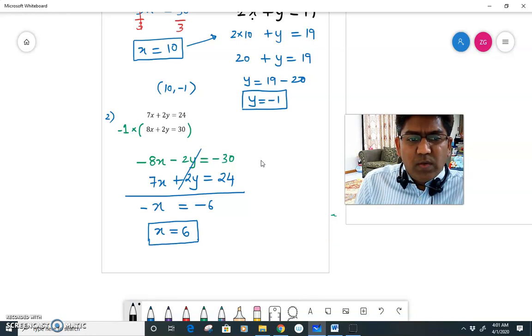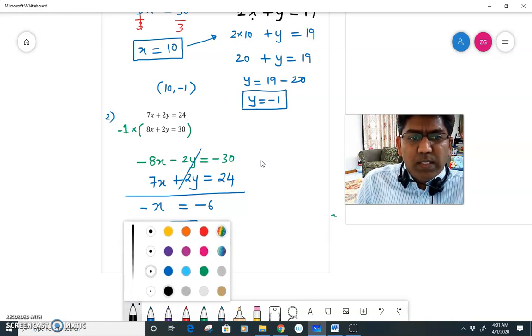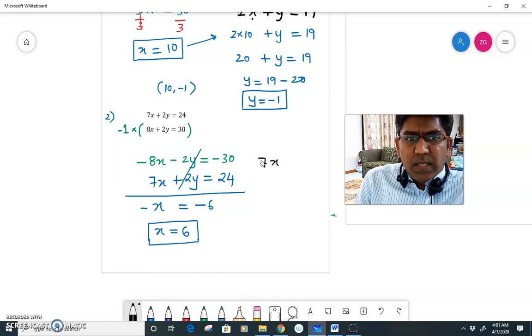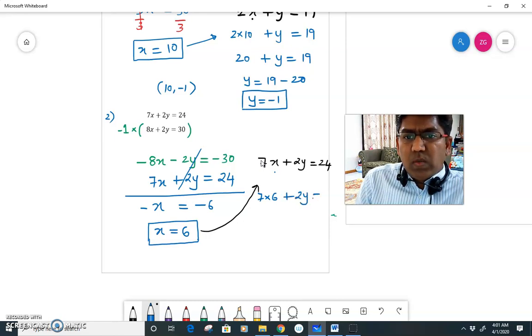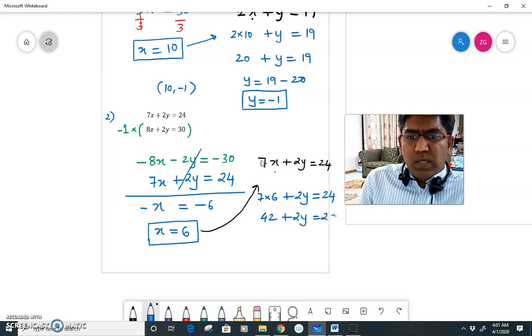To find the value of y, I will substitute in any of the two equations. So let's take the first equation, 7x plus 2y equals 24. The value of x is 6, you substitute here in the equation. So 7 times 6 plus 2y equals 24. 7 times 6 is 42 plus 2y equals 24.